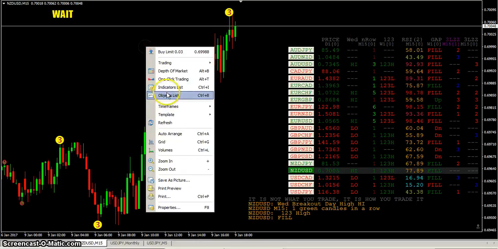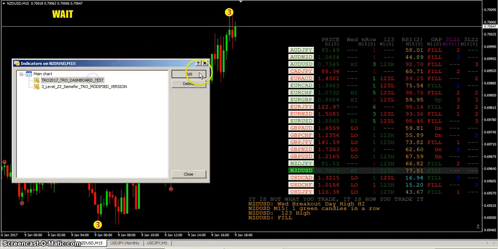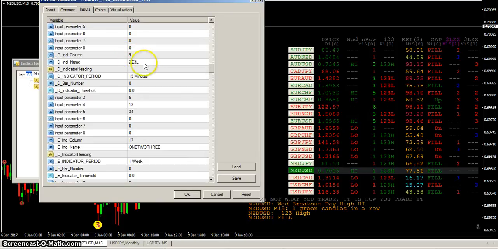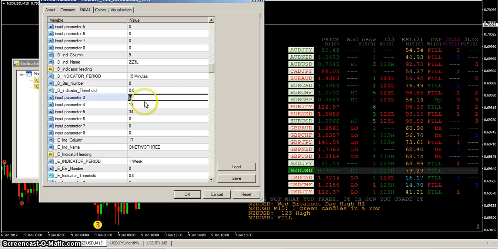So once again, just let me show you what's going on inside the dashboard here. We had put in this in column 9, ZZ3L, 15 minutes. Once again, this allows you to change the inputs. So this would be 5 periods, 13 periods, 34 periods.